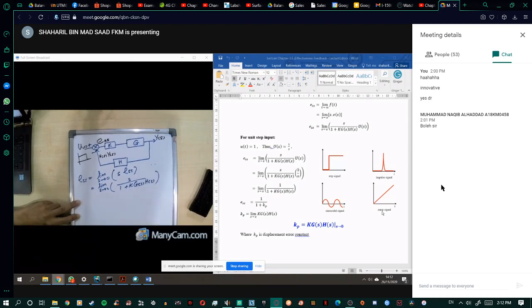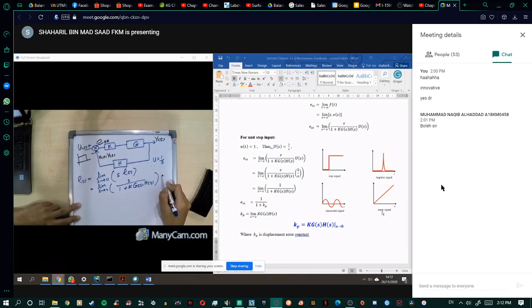Okay. Now you multiply with your U(s). U for the step input is 1 over s. So now you multiply it with 1 over s here. Then we have the limit s going to 0 of 1 over 1 plus KGH here.